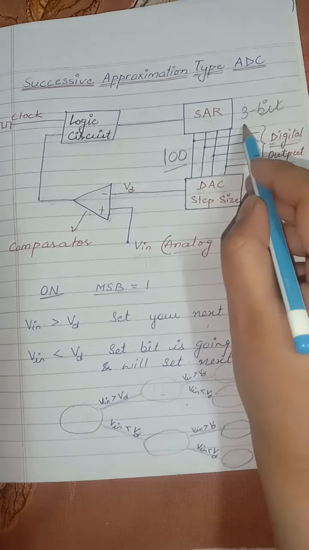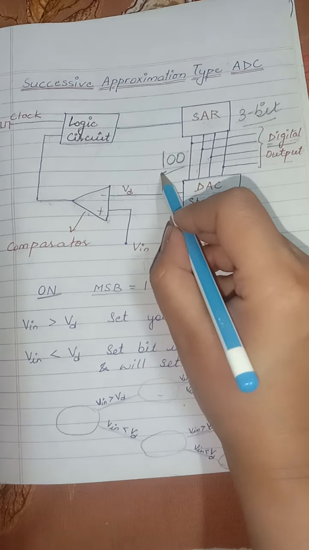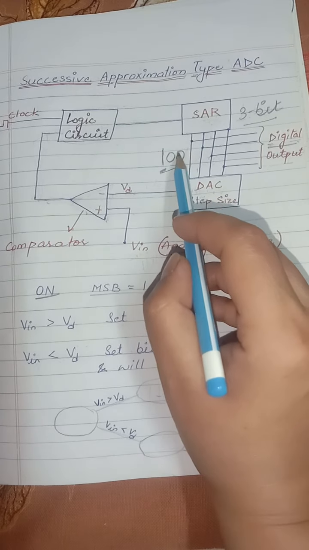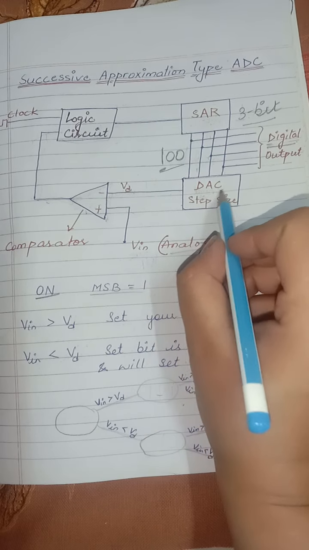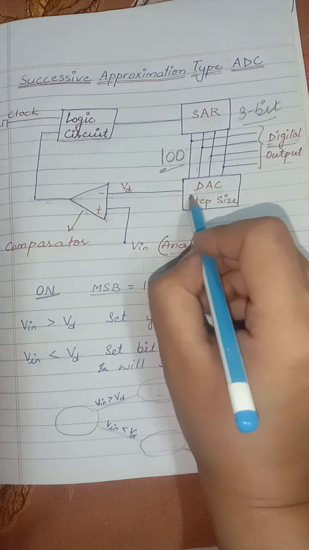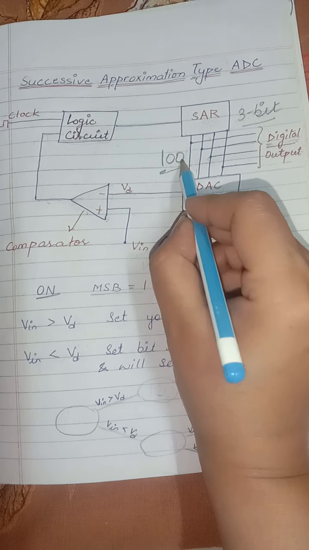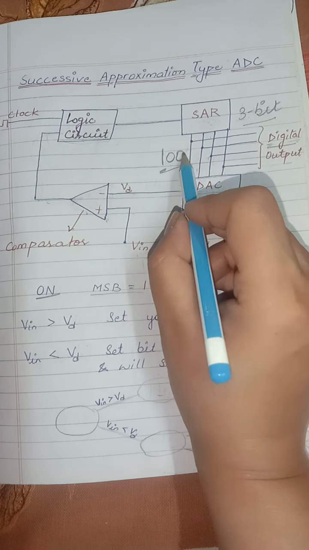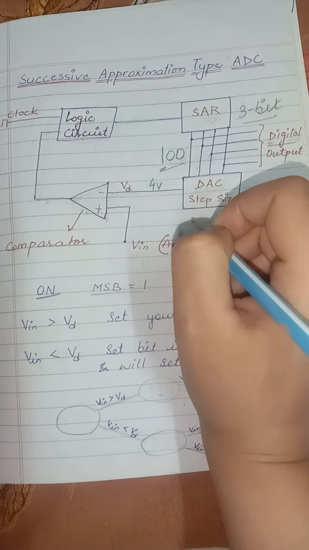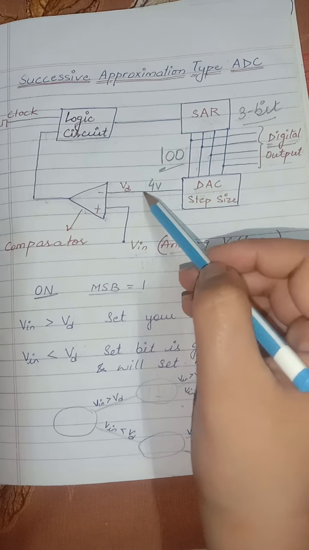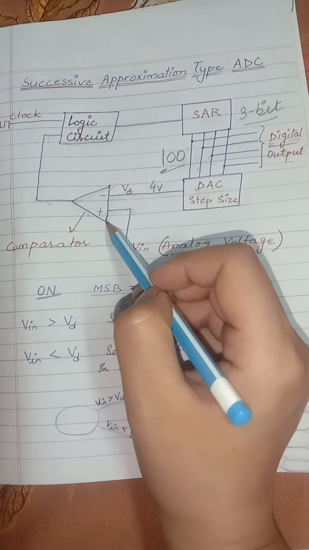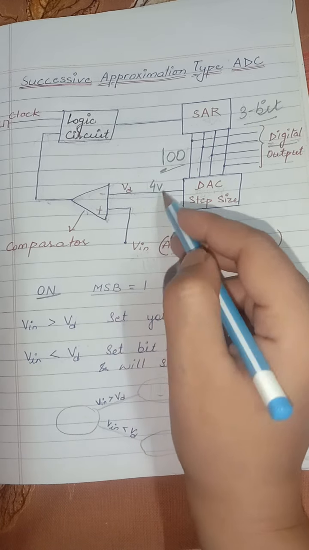We are taking the 3-bit output, that's why the first bit, the MSB, is 1 and all other bits are 0. Then this is provided to the DAC, that is a digital to analog converter, and this DAC will generate a corresponding analog voltage. Suppose for this digital input 100, the corresponding output voltage is 4 volt. Fine. So now this and this input will be provided, and this comparator will compare both of the inputs.